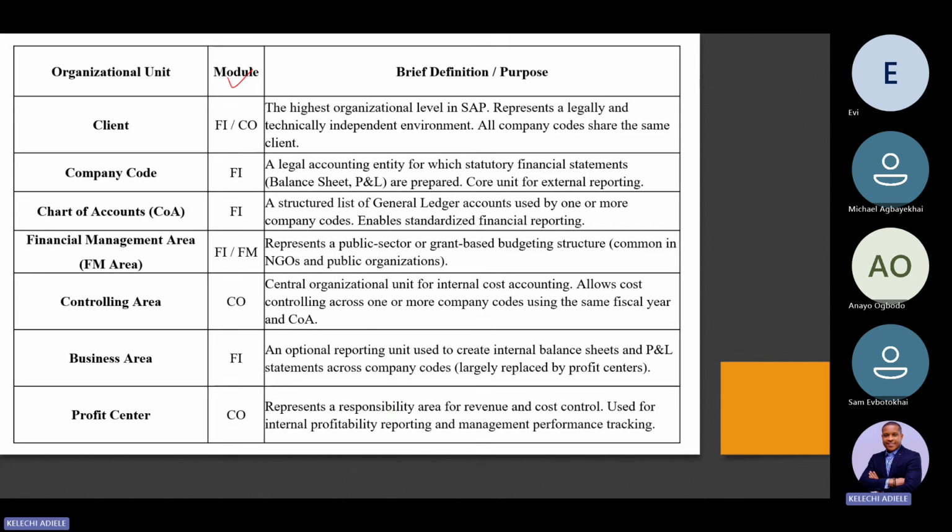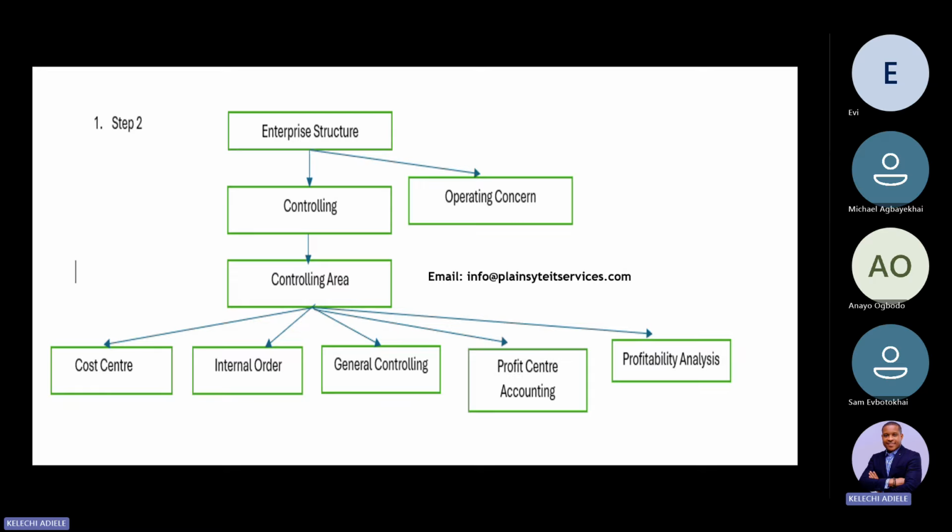So CO is management accounting for internal reporting. It allows cost controlling across one or more company codes using the same fiscal year and chart of accounts. So controlling is basically about cost accounting. Business area is an optional reporting unit used to create internal balance sheets and P&L. Profit center represents a responsibility area for revenue and cost control, used for internal profitability reports and management performance tracking.